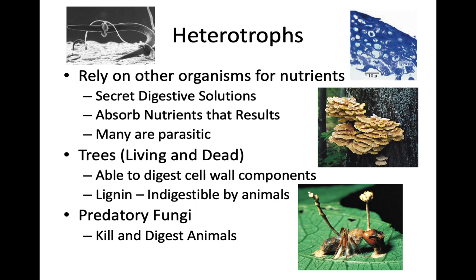Some fungi are predators in that they're able to infect and digest small animals. So a parasite is basically a form of a predator because it's killing and eating another organism. And so what's shown here is a fungus called cordyceps fungus.